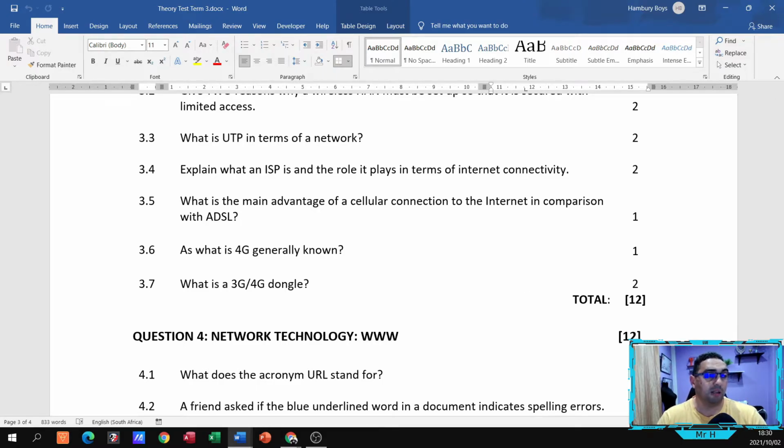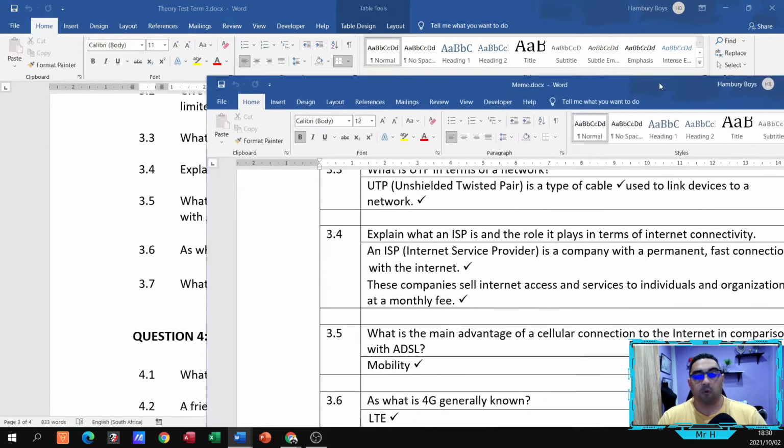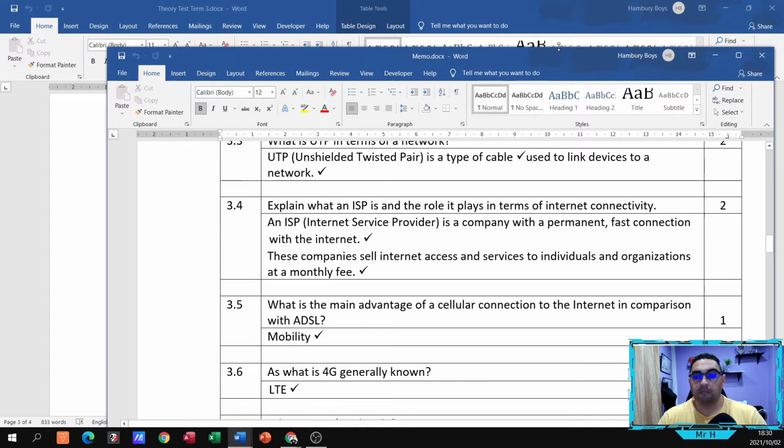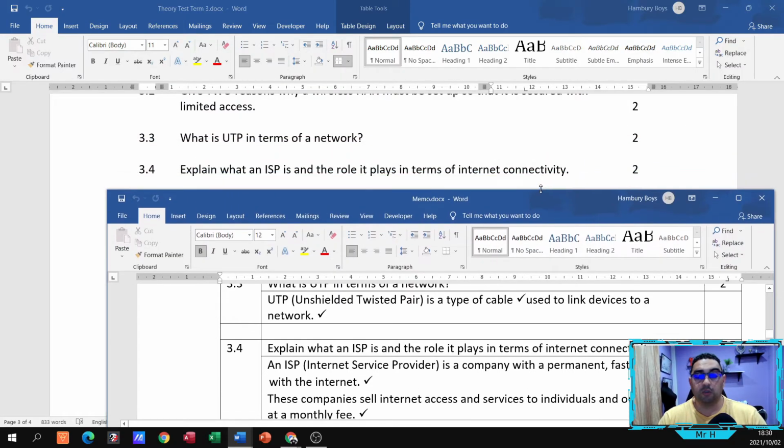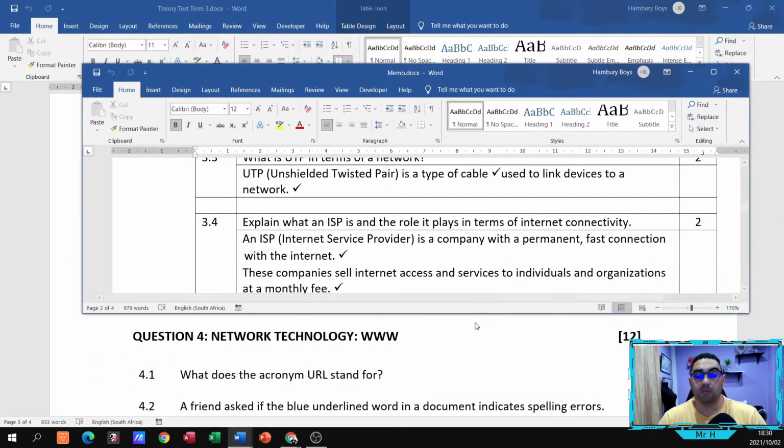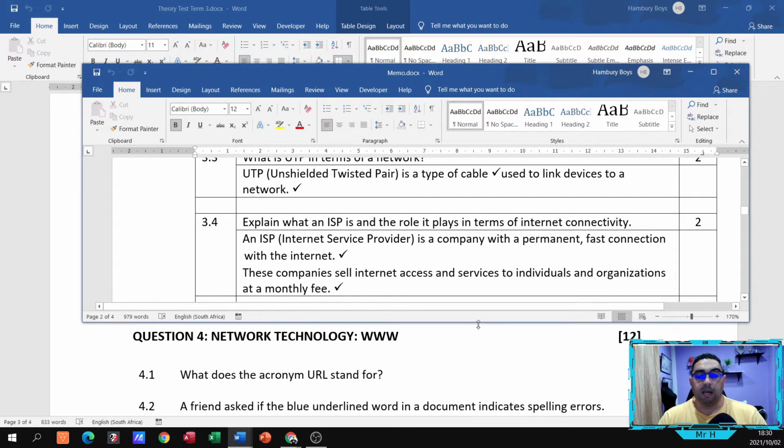So I just want to get the correct wording for you, so you can make sure you answer this correctly. There they mentioned to us, an ISP, an internet service provider, is a company with a permanent fast connection to the internet. That's your 1 mark. The second one says, these companies sell internet access and services to individuals at a monthly fee.